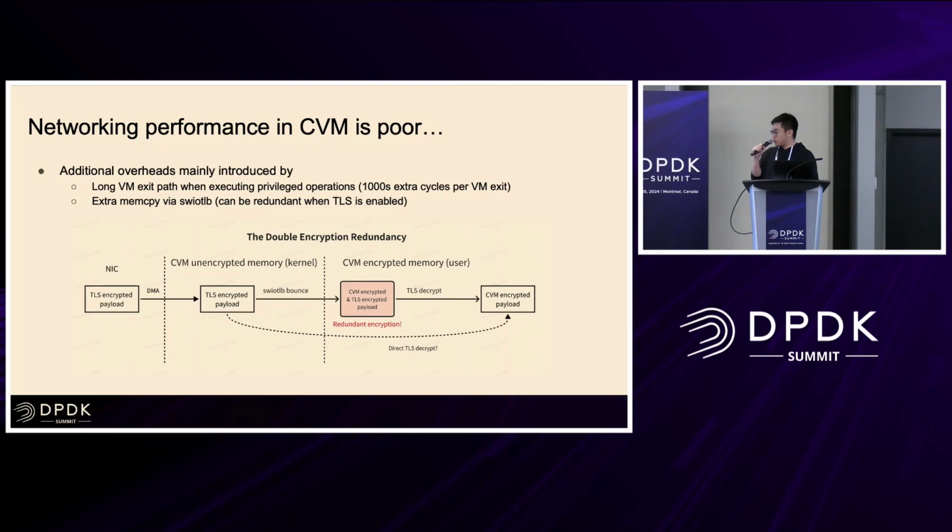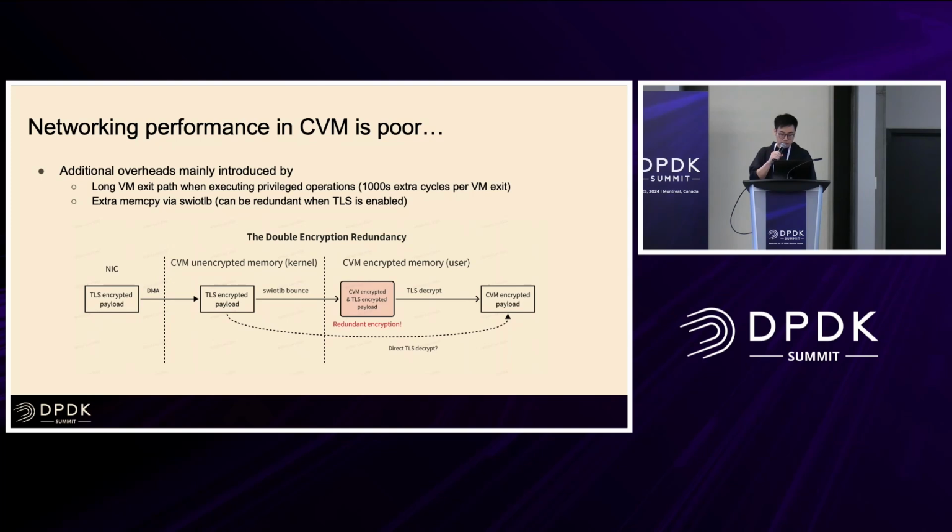So here is a short summary. We can see that the additional overheads are mainly introduced by, first of all, a longer VM exit path when executing privileged operations. For the CVM case, the VM exit cost is at least a couple times higher in terms of the number of cycles compared to the non-CVM case.